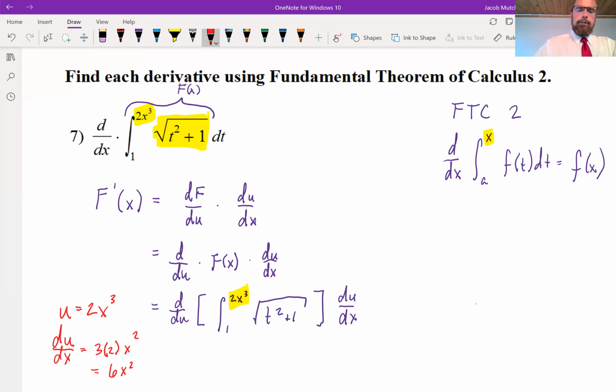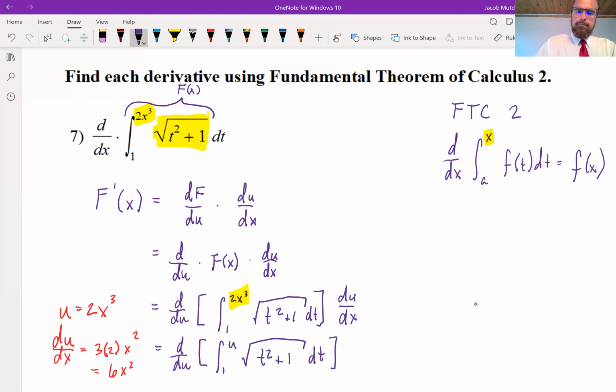So let's rewrite this derivative. It's the derivative with respect to u. And now we're ready to substitute u for my upper limit of integration of the square root of t squared plus 1. I forgot my dt here.